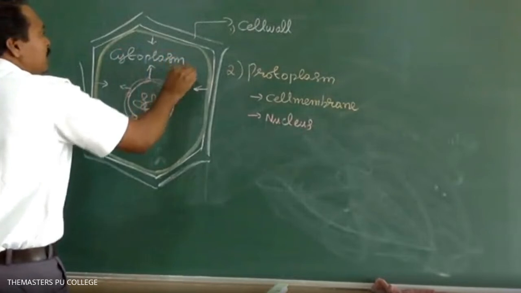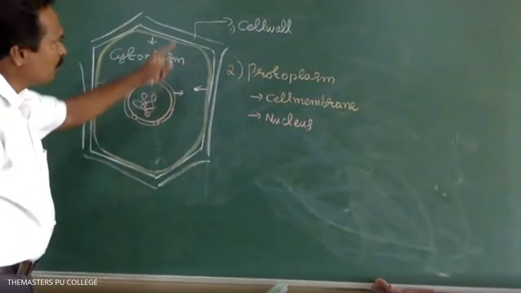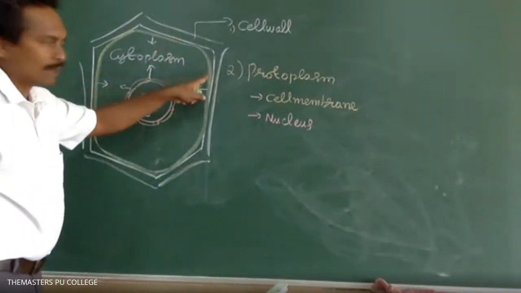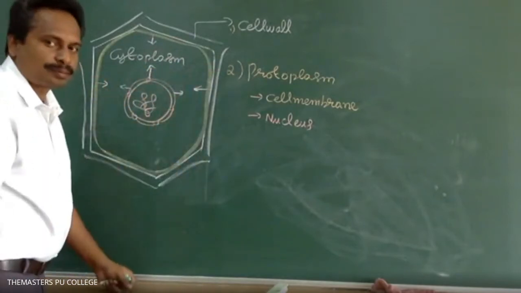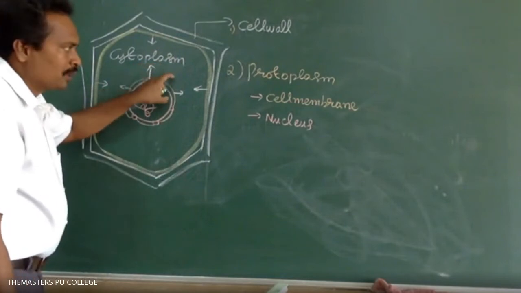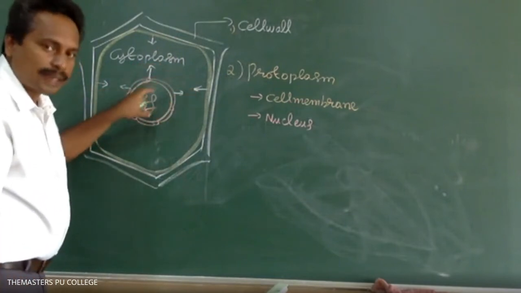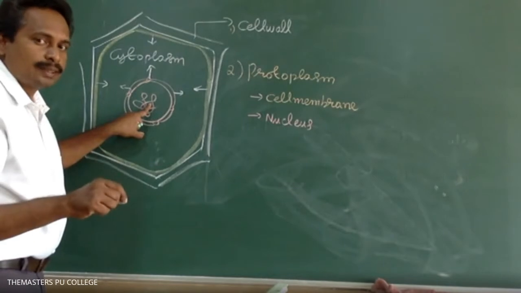So already we have learned about the cell wall and cell membrane. Next we have to know about the cytoplasm, the nucleus, and the cell organelles.